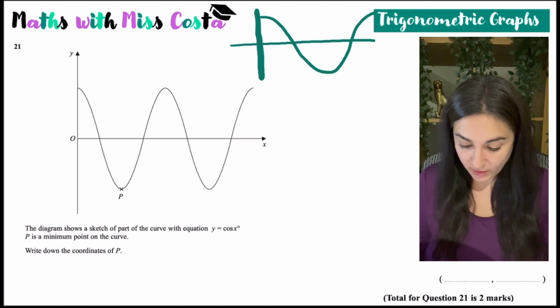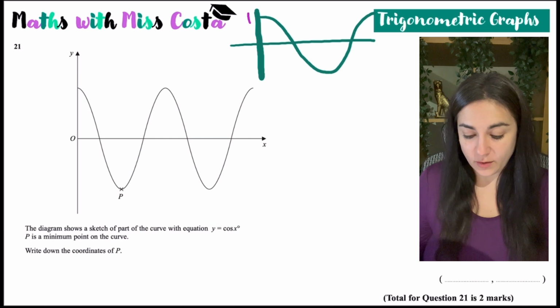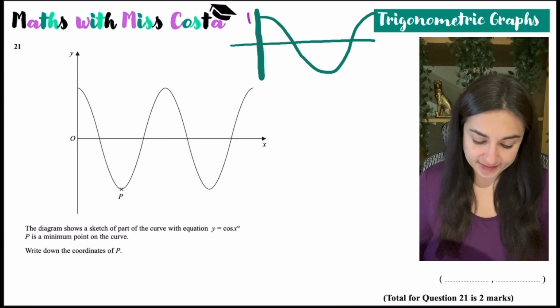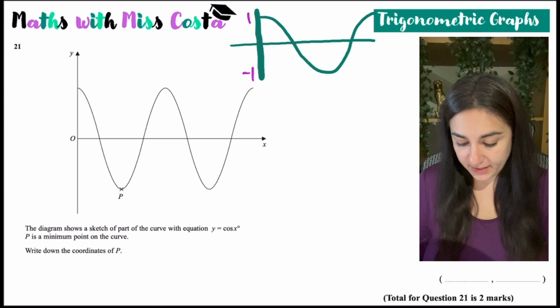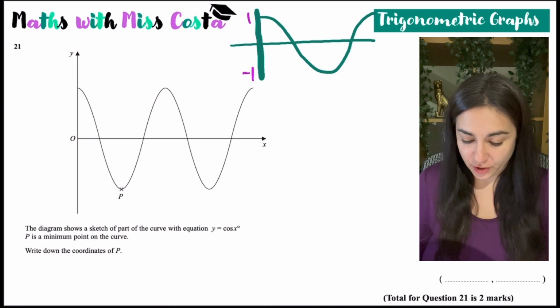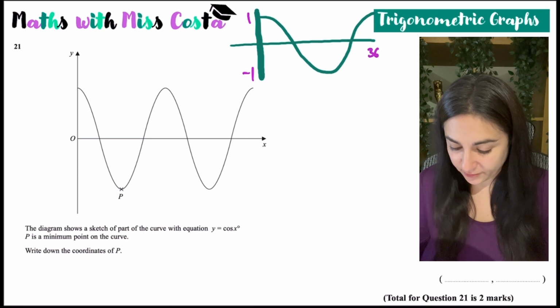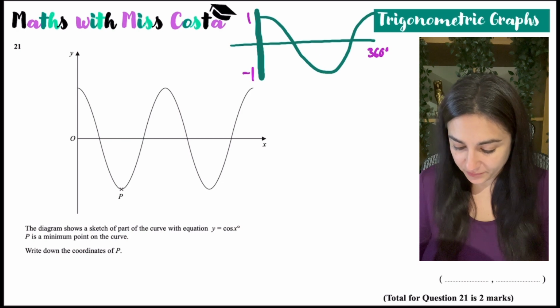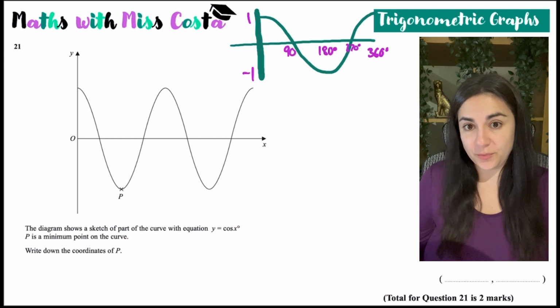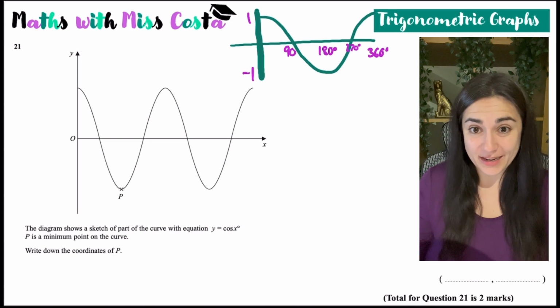So the normal y equals cos x graph, the y-axis maximum point is 1, the minimum point is always -1, and a cycle goes through 360 degrees. So this would be 360 over here, this is 180, this would be 90, and 270, and so forth. Okay, so you should be able to sketch that graph and be familiar with it.